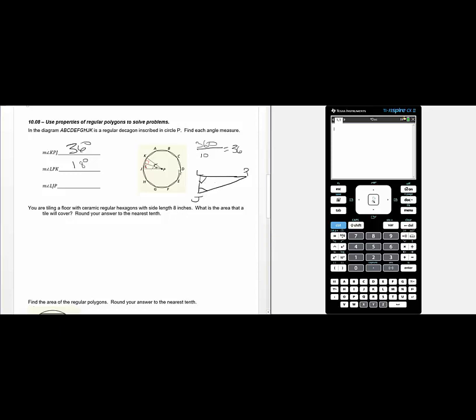I know that's 90, and we just showed in the previous one this angle has got to be 18. So with some subtraction, we can figure out what this angle is. It's just 180 minus 90 minus 18, which works out to be 72 degrees. This sort of reasoning we're going to use to help us find some angles to solve these upcoming problems.